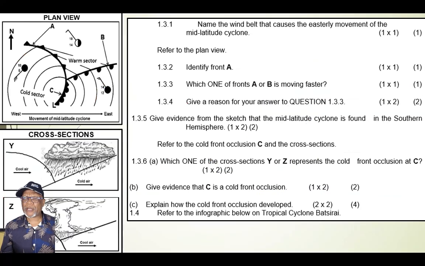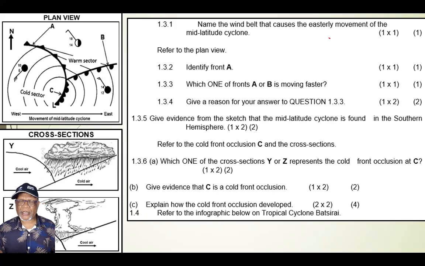Now, let's look at the question. It says, name the winds that are responsible for the easterly movement of the mid-latitude cyclone.